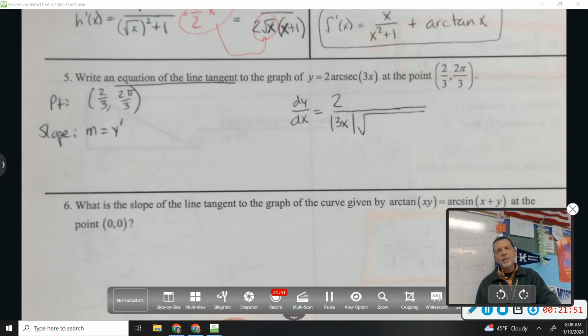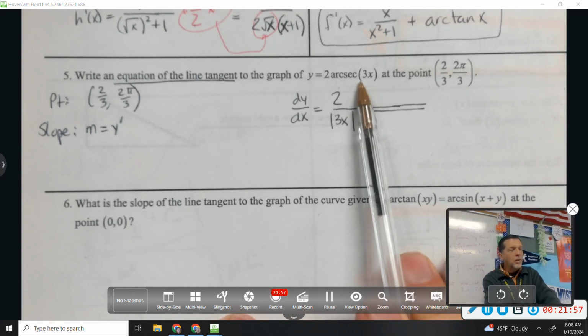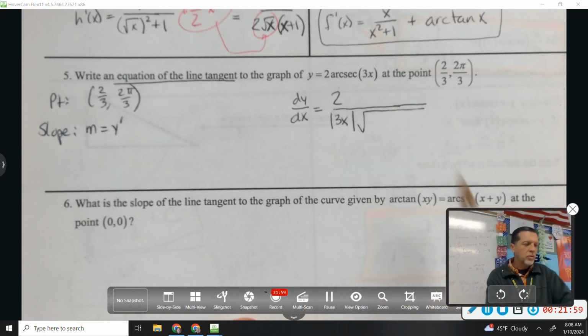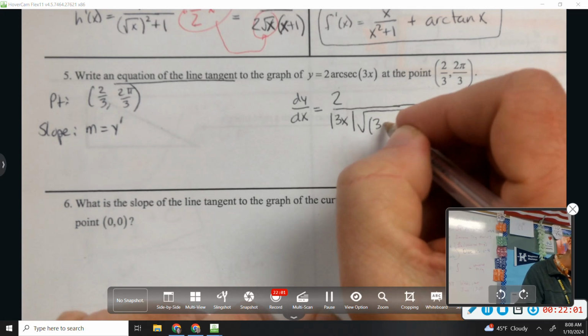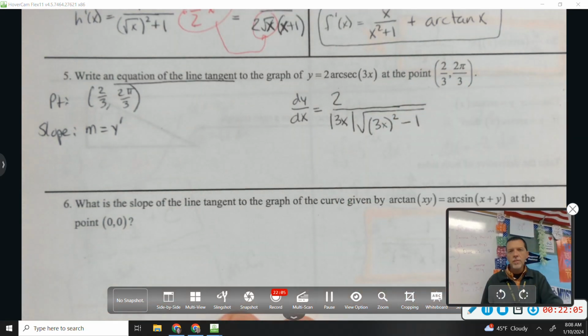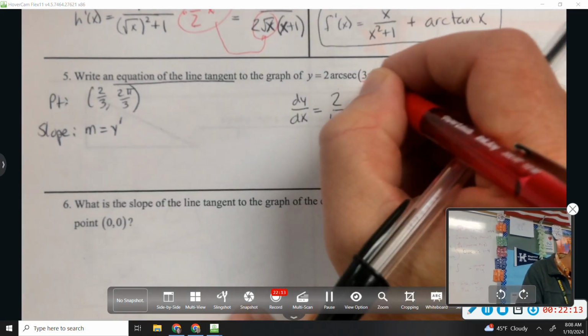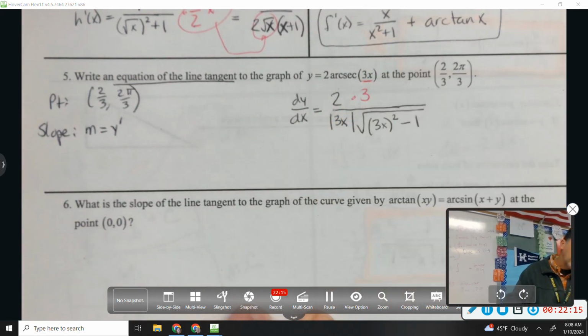And then I'm trying to think, is it x squared minus 1 or 1 minus x squared? Because secant can get big, it can be x squared minus 1, or argument squared minus 1. It's maybe a better way to say that. Argument squared minus 1. And then chain rule. Derivative of 3x would be 3.